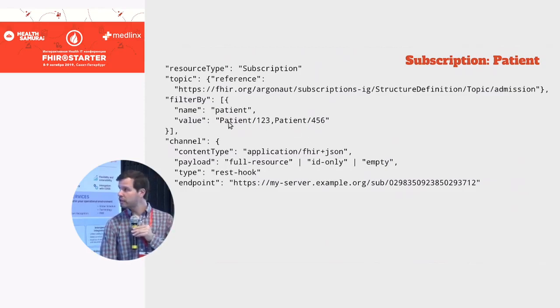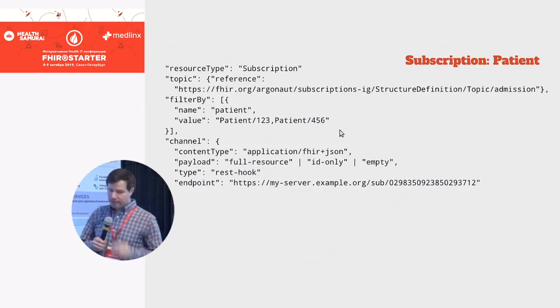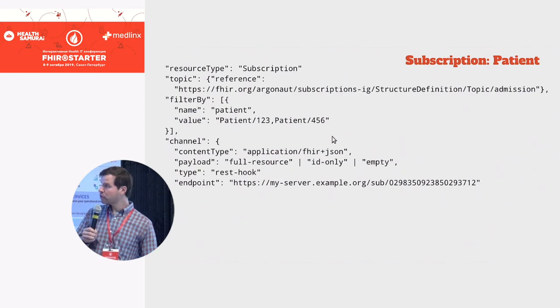So in this case, it's saying patient 1, 2, 3 or patient 4, 5, 6. Ну и вот в этом примере мы фильтруем визиты по пациентам и говорим, что нас интересует два пациента, пациент 123 и пациент 456.